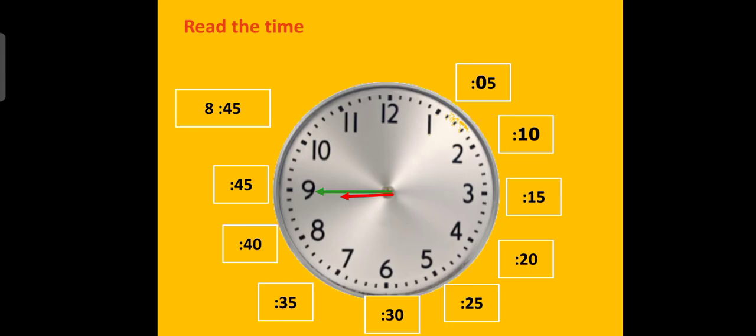So the long hand on 9 represents 45 minutes, and the short hand is between 8 and 9. It's not exactly 9 o'clock because it didn't reach 9. We still have 15 minutes to reach 9 o'clock. So the hours will be 8. 8 hours 45 minutes.